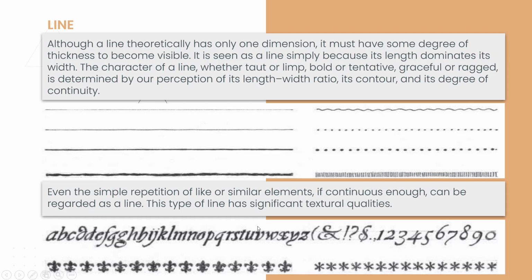So it can be a fine line or a thick line. It can be a cursive or a wavy line, a dotted line, a hidden line, or a series of lines. Vertical lines is still a line. So a line, this one is a line of letters, characters and numbers, and can be a line made of objects.